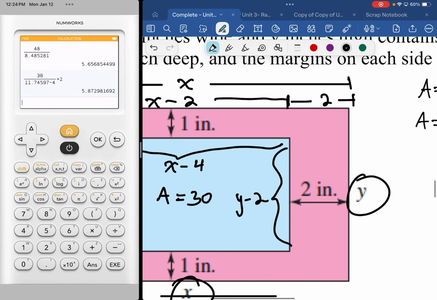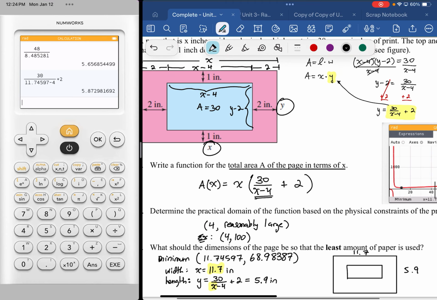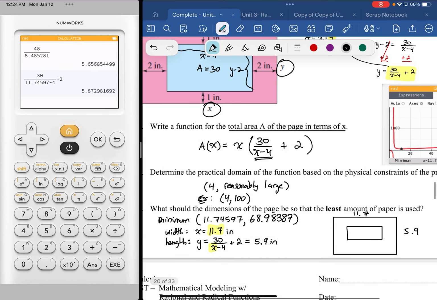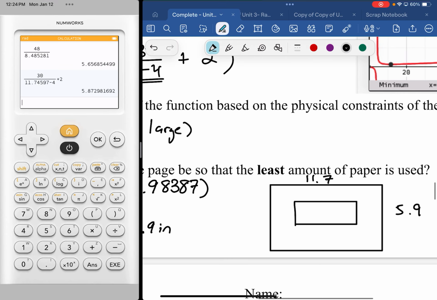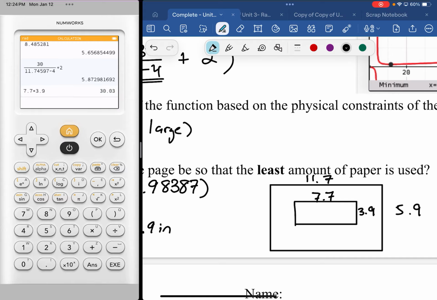I realize up here I never made that change. You corrected me, but I never fixed it. 4 less than whatever the overall length is. All right, so 11.7 minus 4 is going to be 7.7-ish. All right, by 3 because we subtract 2 from the length, 7.7 times 3.9 gives you pretty close to 30, which is what we are ultimately looking for.